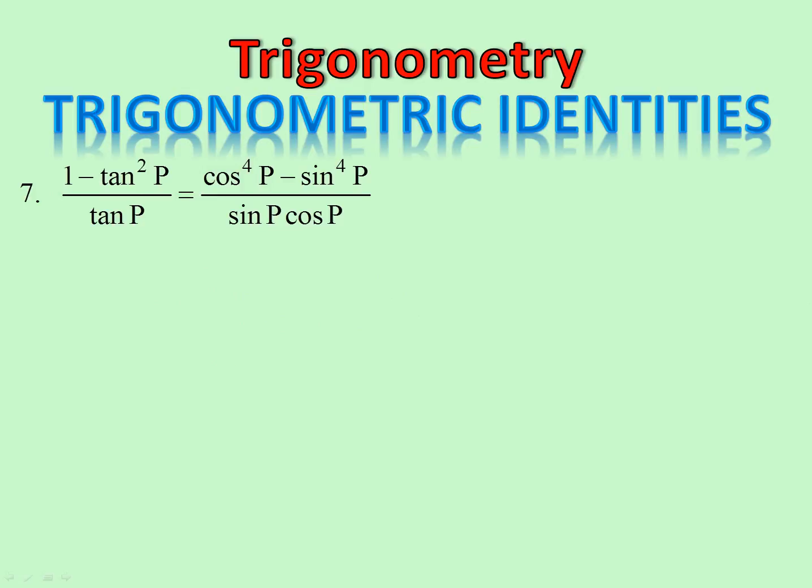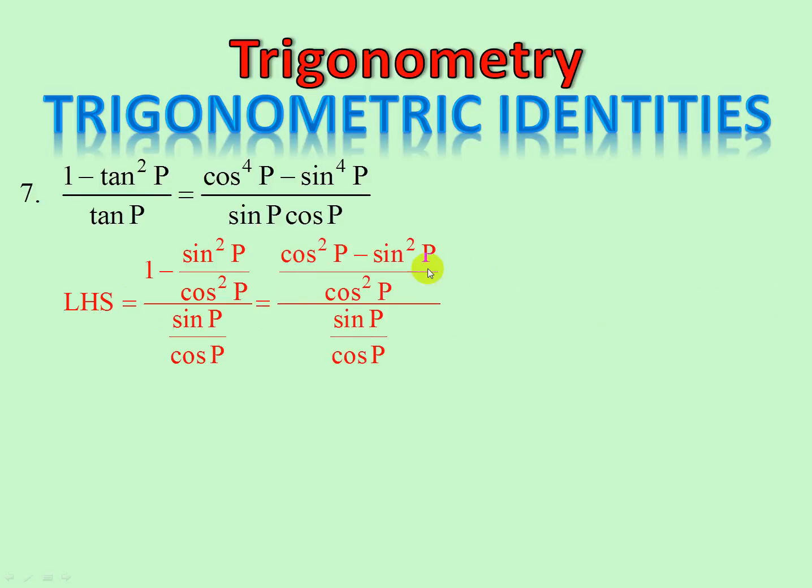The left hand side once again has tans in it, so I'm going to go that way. I'm going to say 1 minus sine squared over cos squared, and below sine over cos. Top line, find a common denominator of cos squared. Bottom line, leave.